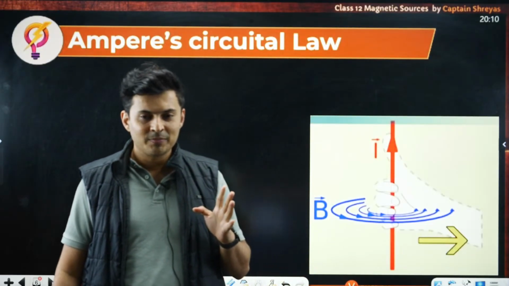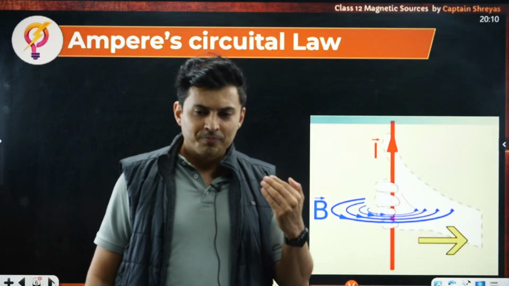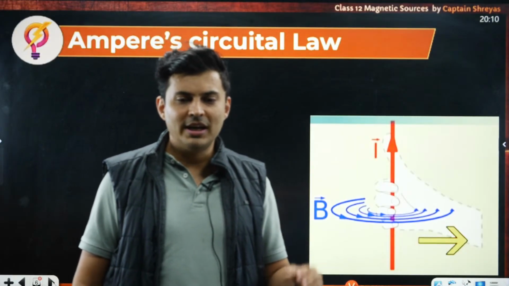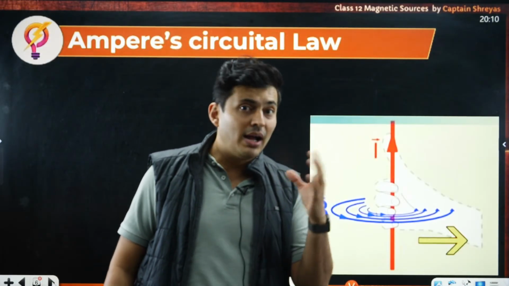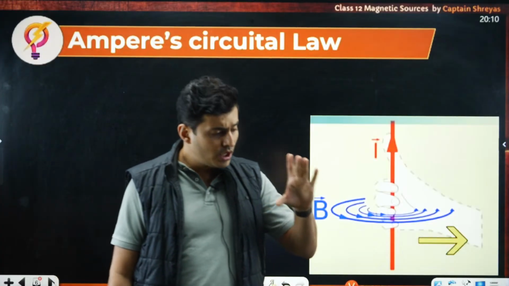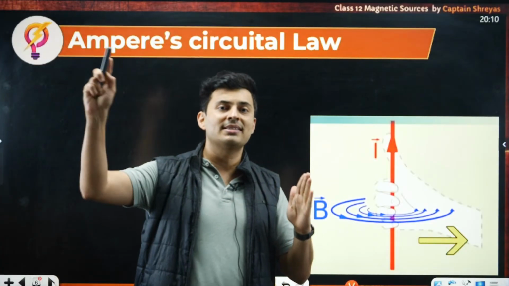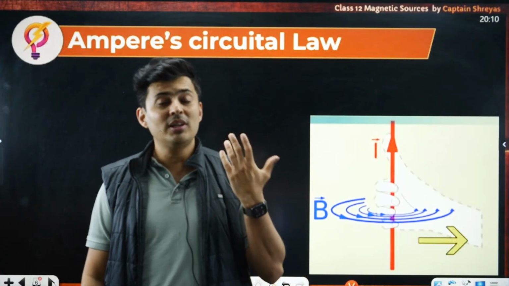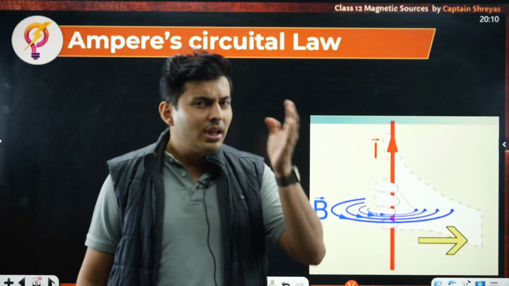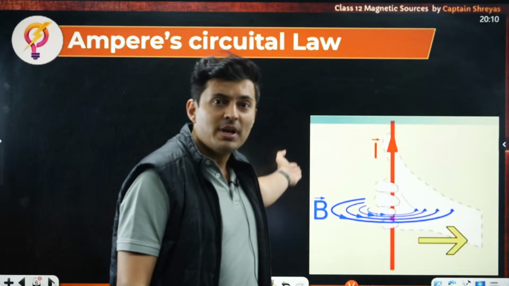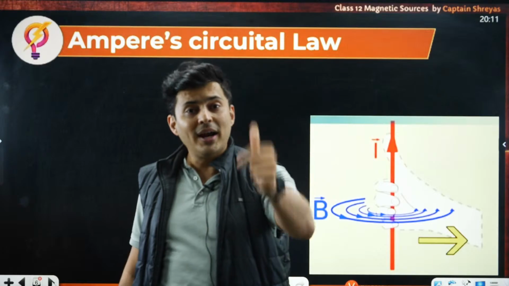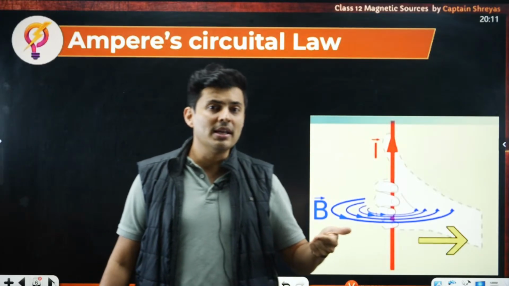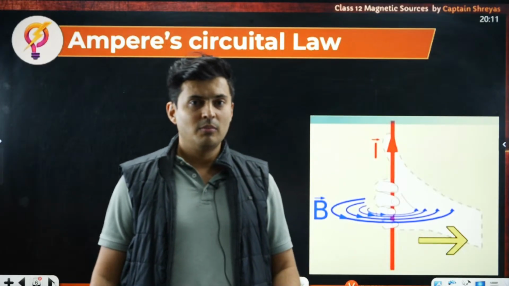Isn't it correct? Yeah. So, my dear warriors, same way, Bio-Savart's law tells you due to a current carrying element what is the magnetic field. But for some symmetrical bodies, we can use Ampere's law to find the answer very quickly by using this property.